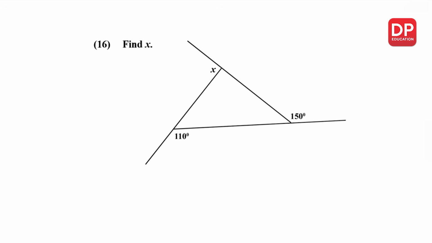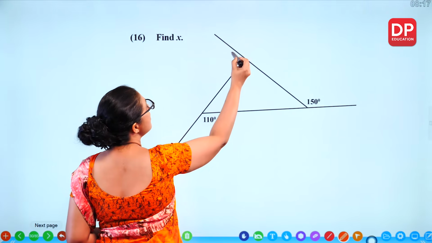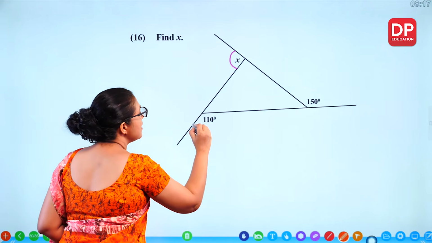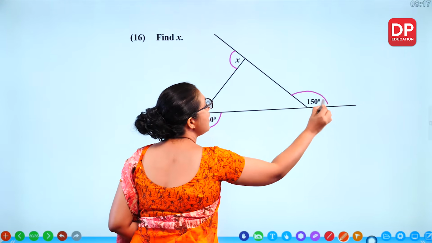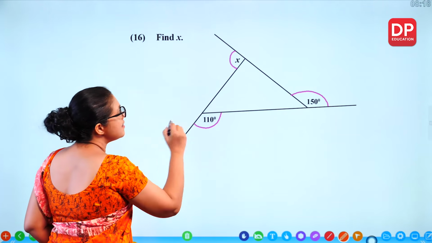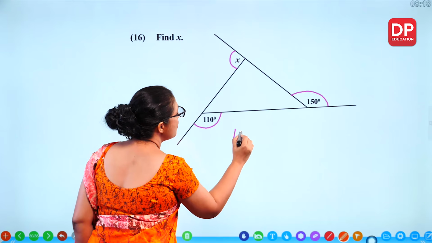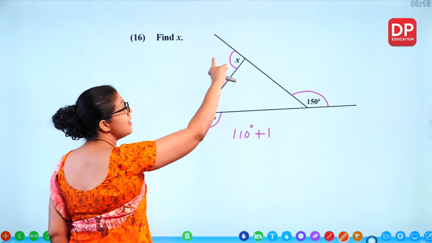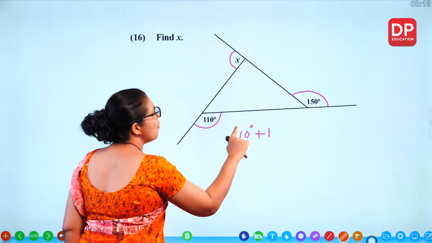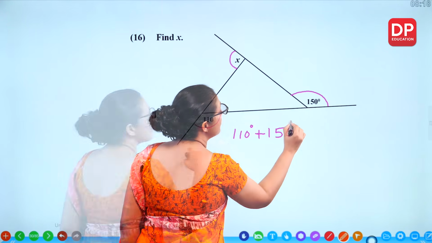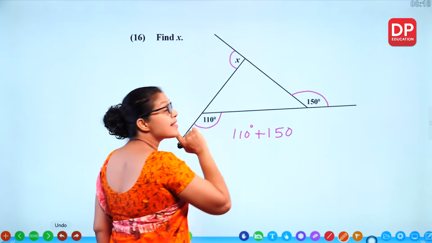Find X in this triangle. X is an exterior angle. When you extend this line, you get this exterior angle. Now you can use that property. These three are exterior angles in a triangle. What's the sum of these three exterior angles? We know that that's equal to 360. What's the sum of exterior angles? That's equal to 100. What's the sum of these three exterior angles?